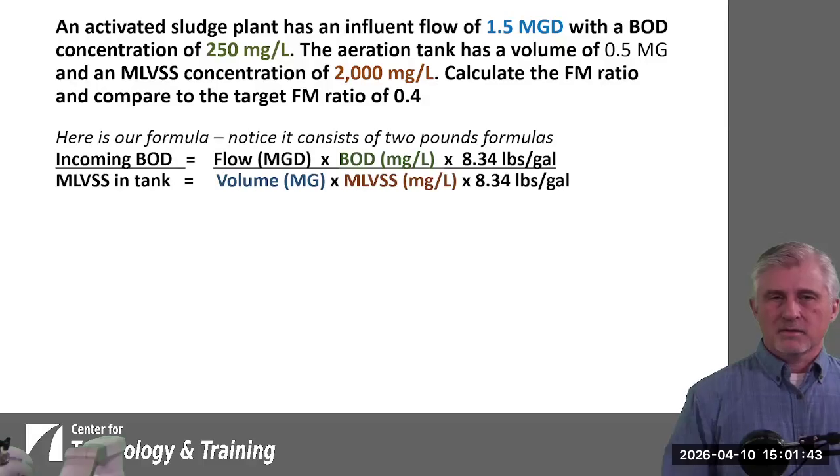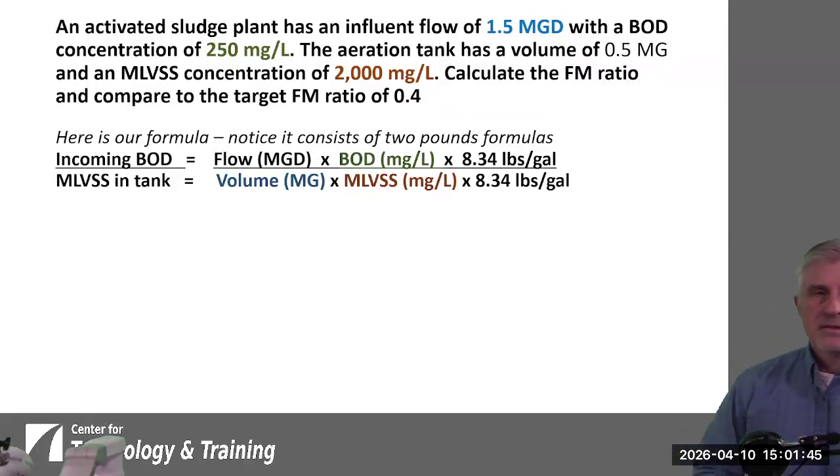So our formula looks like this. The incoming BOD divided by the MLVSS in the tank is equal to the flow in million gallons a day times the BOD concentration times 8.34 pounds per gallon, divided by the volume in million gallons multiplied by the MLVSS concentration in parts per million times 8.34 pounds per gallon.